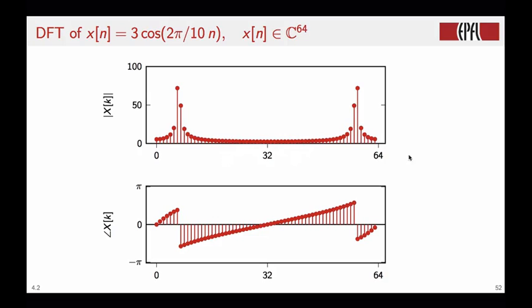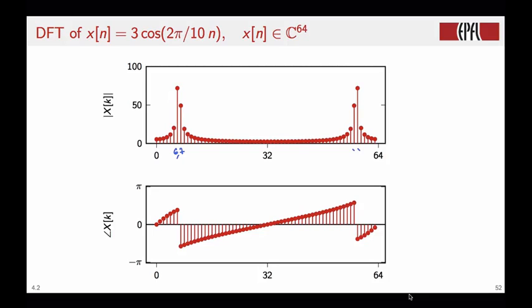Now if you see, a high level of magnitude indicates a similarity of the input with the corresponding basis vector. It's the definition of inner product. So here, unsurprisingly, the input is particularly close to basis vectors number 6 and number 7, as we showed before, and by extension to 64 minus 6 and 64 minus 7.